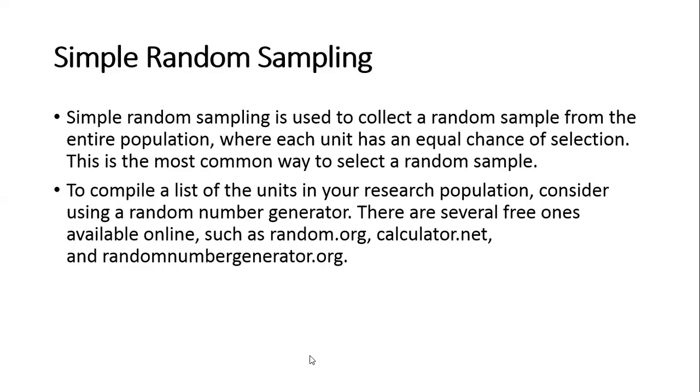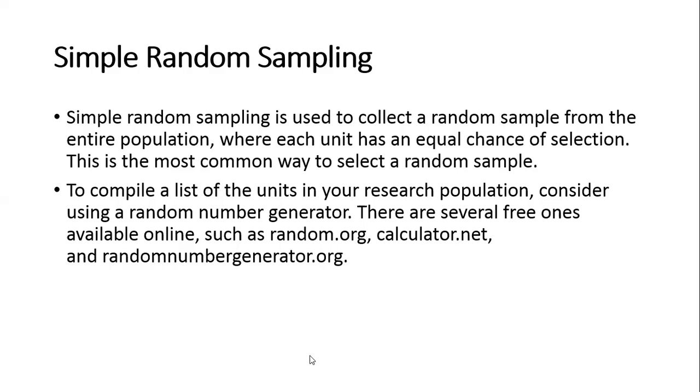Simple random sampling is used to collect a random sample from an entire population where each unit has an equal chance of selection. This is the most common way to select samples. To compile a list of the units in your research population, consider using a random sample generator.